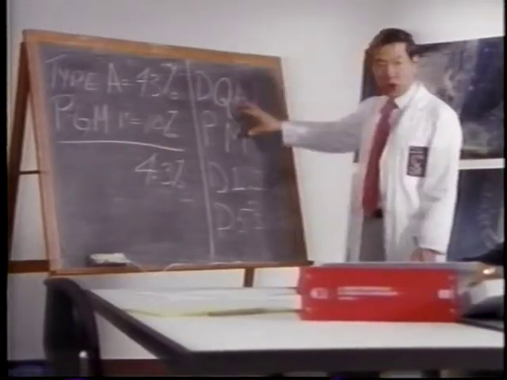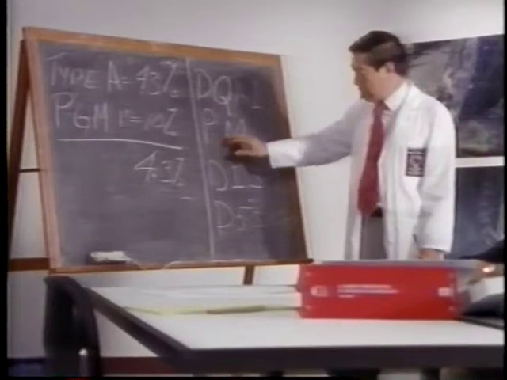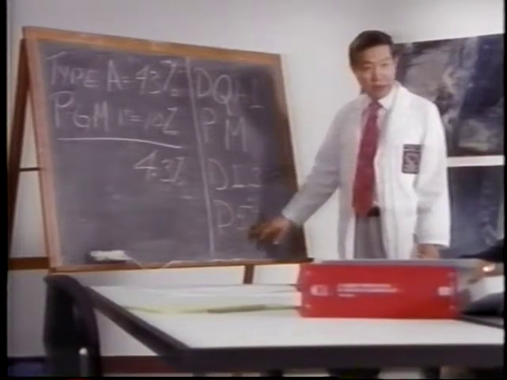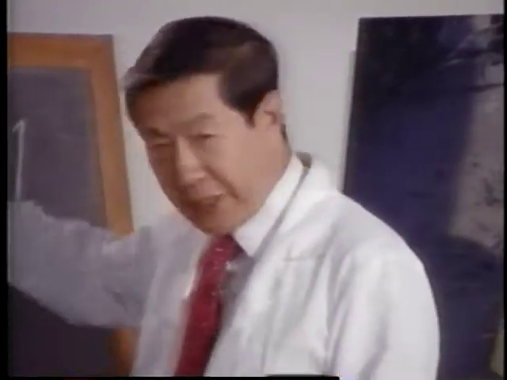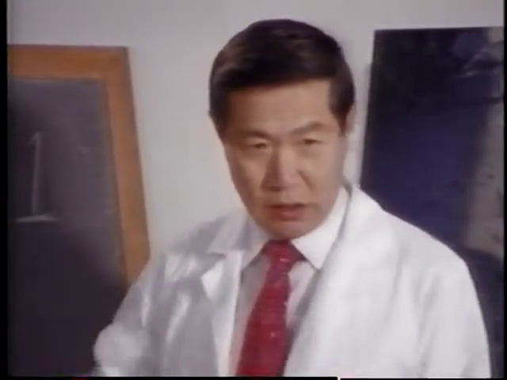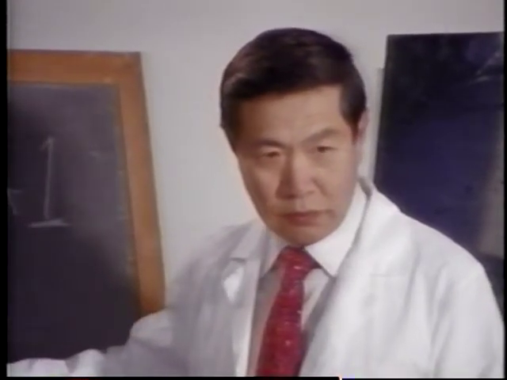With the additional DNA results, DQ alpha, polymarker, D1S80, D5S100, the combination of those typing results in a random population, male Caucasian, is 1 in 17 million.